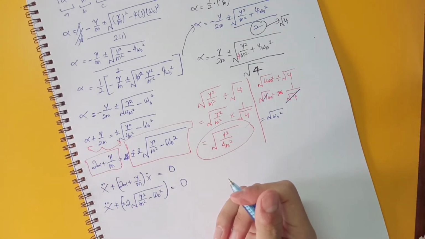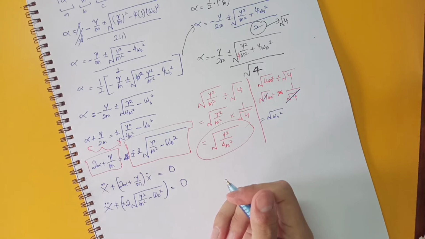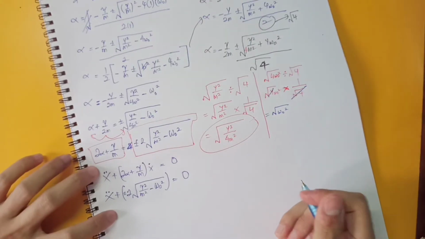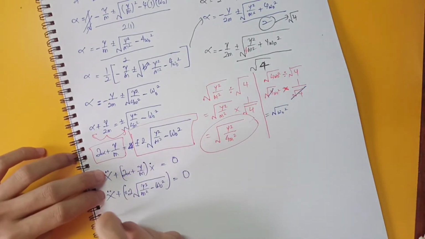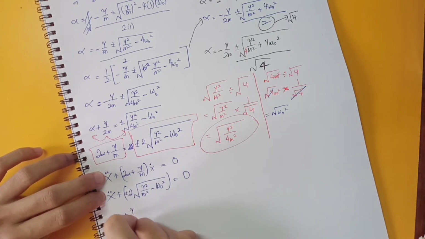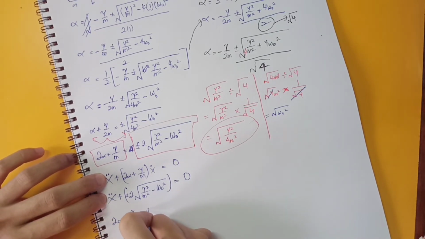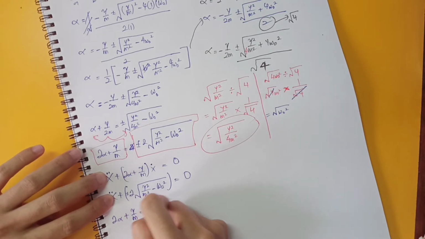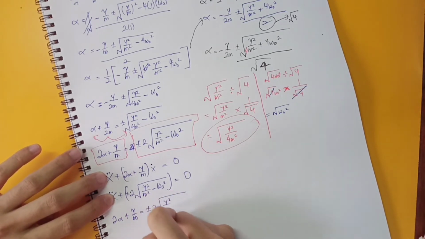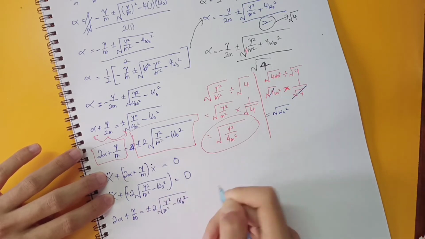Okay, let's see what's next. So you know that 2 alpha plus gamma over m is equal to plus or minus 2 square root of gamma square over m square minus omega naught square.